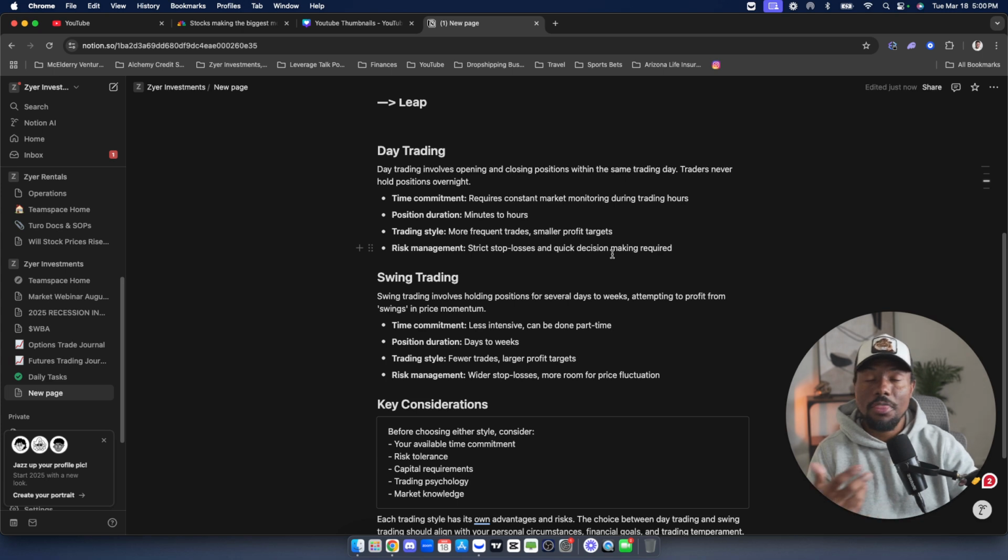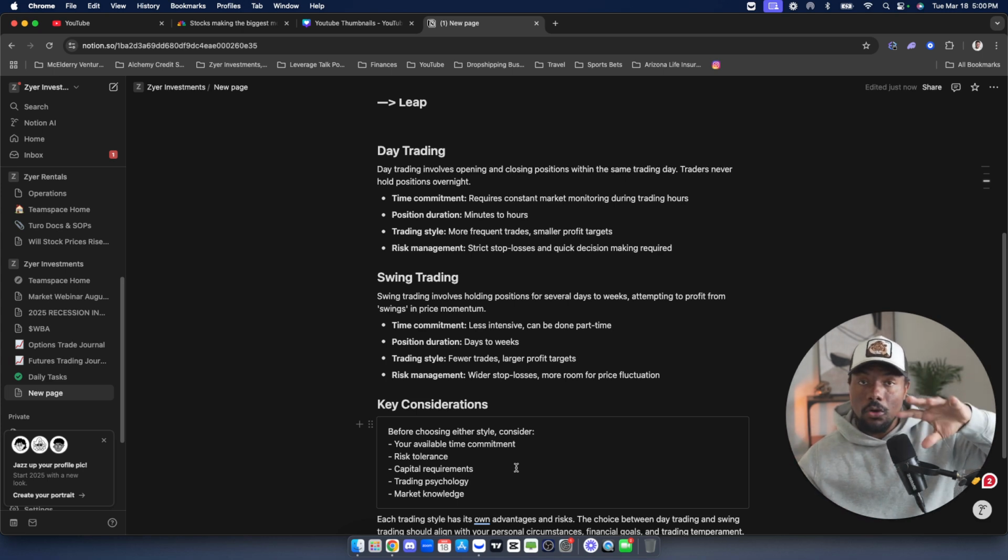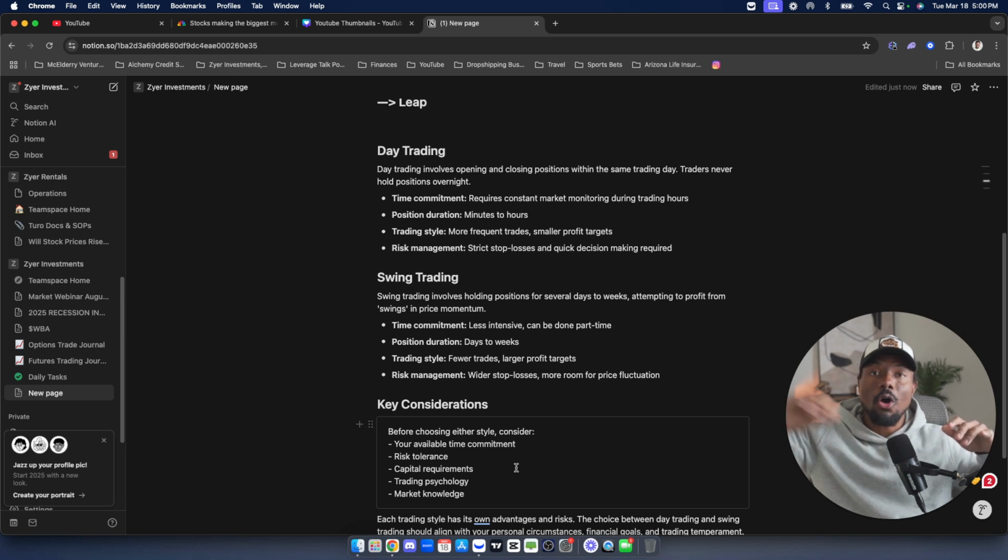In options, a $3 to $4 stock move, the price of the stock, for example Apple, could be a 100% return on your money on that trade. So if you're getting my drift, trading is different from long-term investing. All right. So generating income versus maybe wealth building and holding those assets for a period of time.